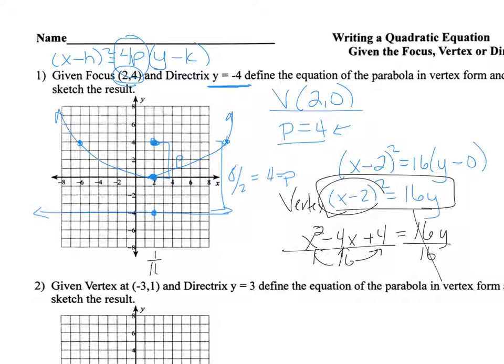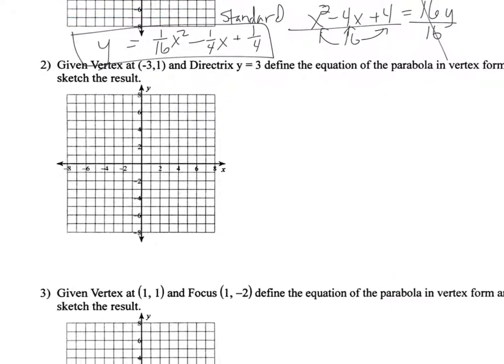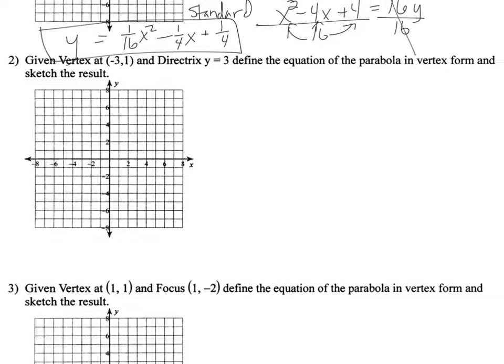So it's 1/16 x squared minus, we divide 16 into this 4, so I get negative 1/4. We don't do decimals, we do fractions. And then positive 1/4, and I'm just switching the y over to that side. So this is our standard form. Either one can be asked of you; you just need to know the difference. Vertex form is easier because it's less work.